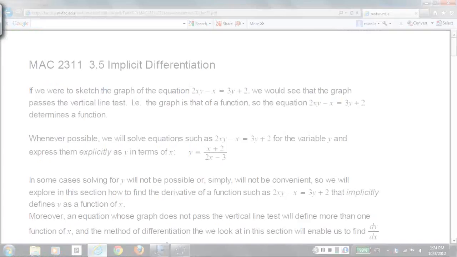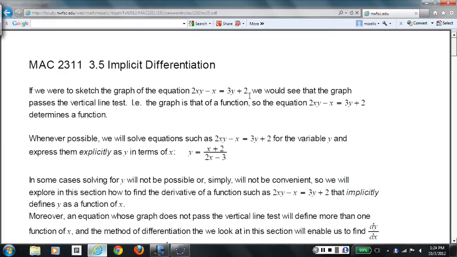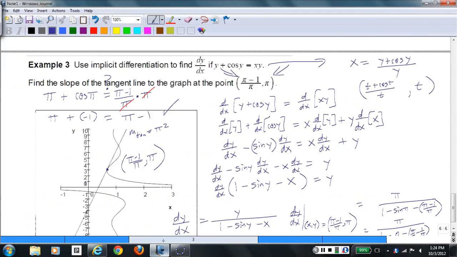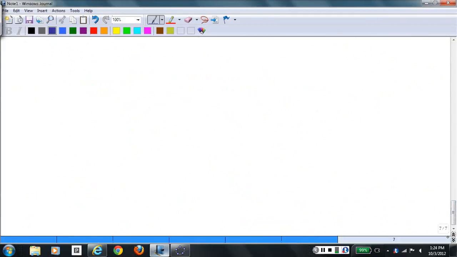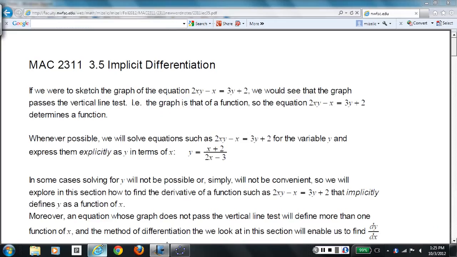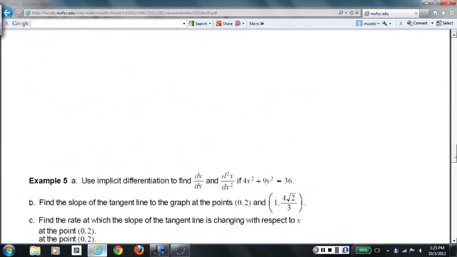This one right here. And I want to see if I can find the derivative of this using implicit differentiation. How am I going to do this? Where's example 4?